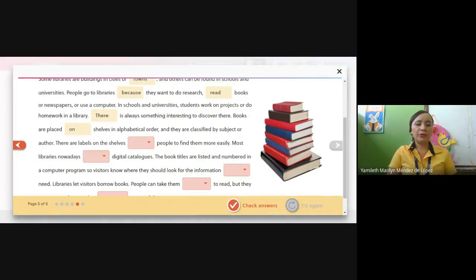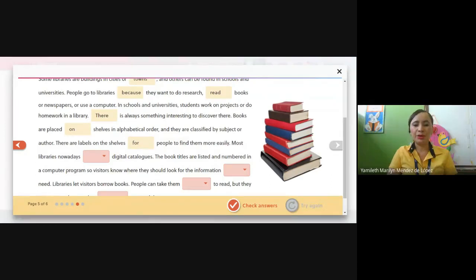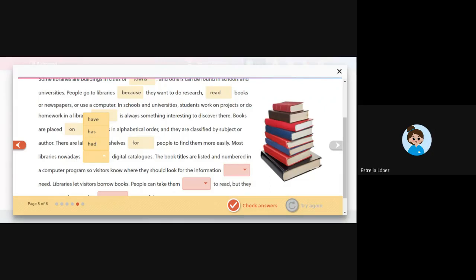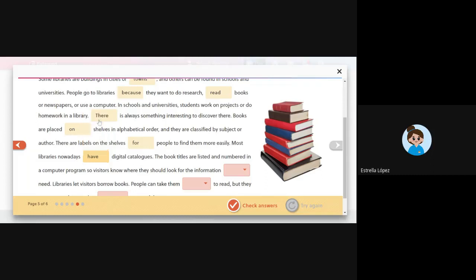There are labels on the shelves for people to find them more easily. Most libraries nowadays have, has, or had. Have. Okay. Digital catalogs. Teacher, has?